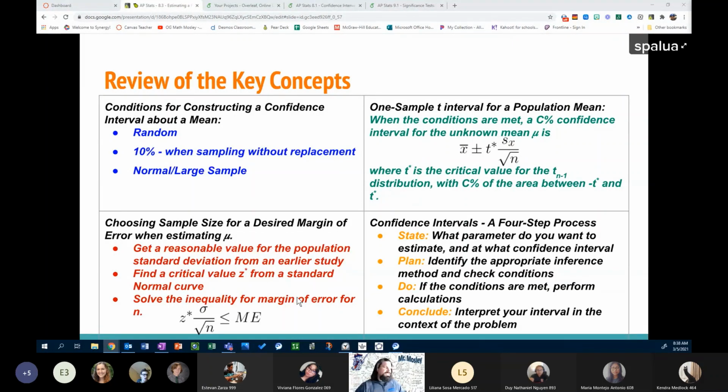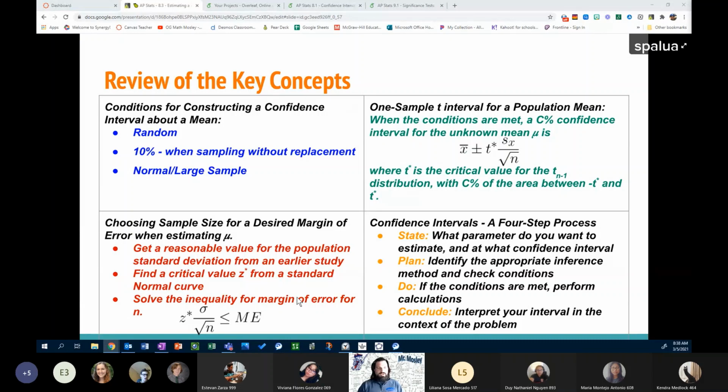And then lastly here, our confidence interval is a four-step process. Whether we are dealing with a confidence interval for a proportion or a mean or some other statistic, we should always follow the four-step process to make sure we cover all of our bases and we solve the problem appropriately. We need to state what we're going to do. What parameter do you want to estimate and at what confidence level? We plan.